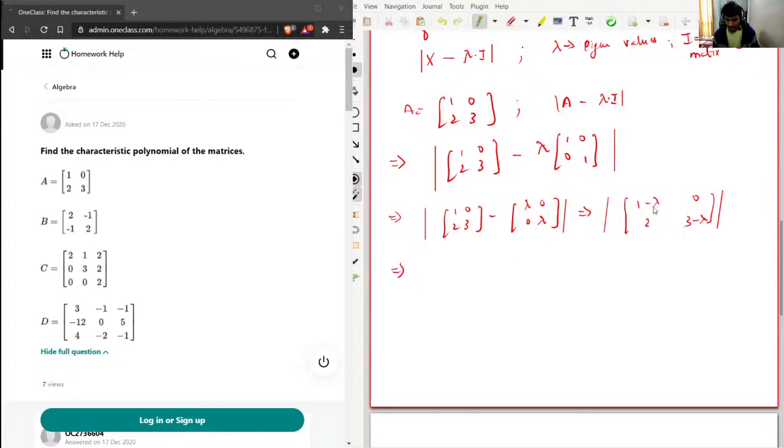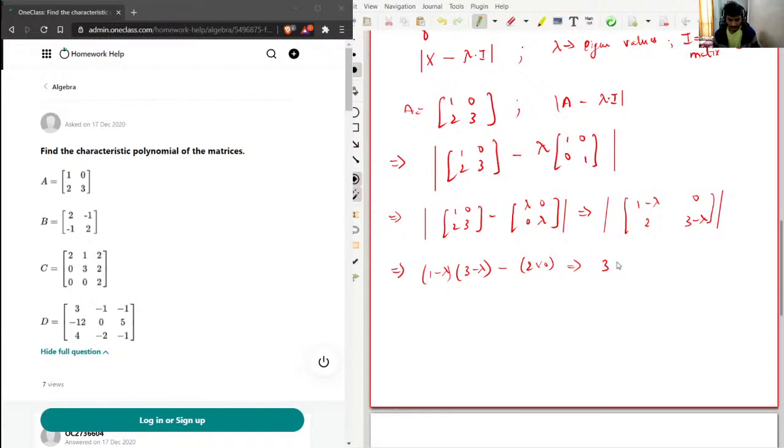So I'll multiply these two terms minus these two terms. So the product of these two will be 1 minus lambda, 3 minus lambda minus 2 times 0. So this will be 0 and I'll just multiply these two terms.